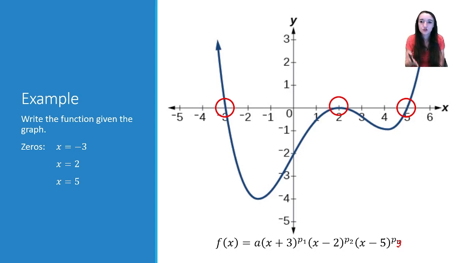Well, that's going to be based off the behavior of the graph at those x-intercepts. So we can see that at x equals -3, we're crossing straight through. Crossing straight through means odd multiplicity. Specifically, straight through means multiplicity of 1. Whereas at x equals 2, we are bumping the axis and then going away from it. So it's a turning point. Turning point means our multiplicity has to be even.